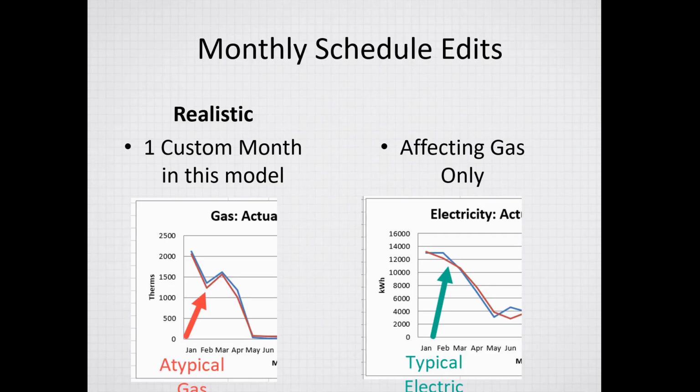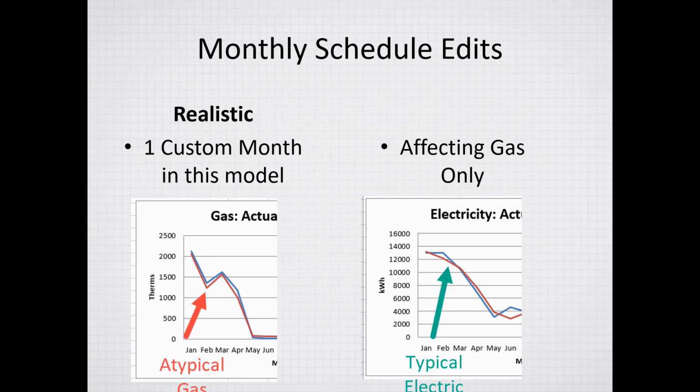One thing you'll want to be careful about is this month had atypical gas, but it had typical electric consumption. So any parameters that we edit should impact gas only, and any custom schedule that we have should be something that's only going to impact the gas, which means less schedule edits, which is good.